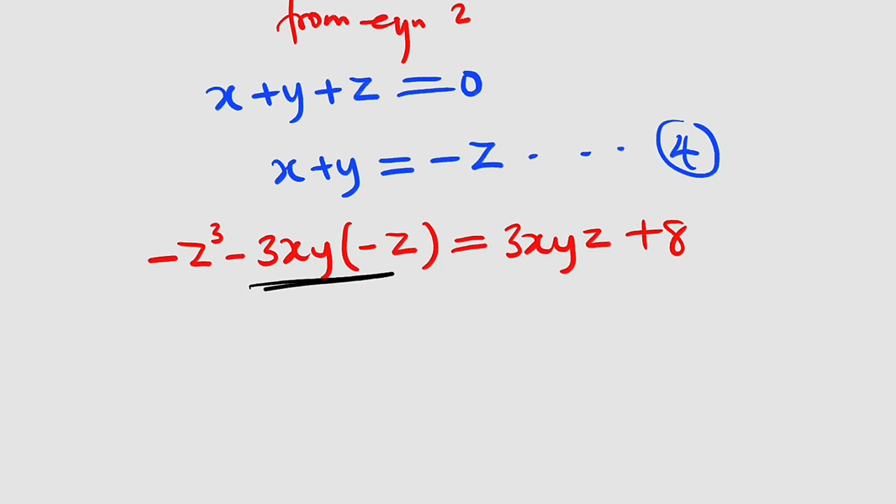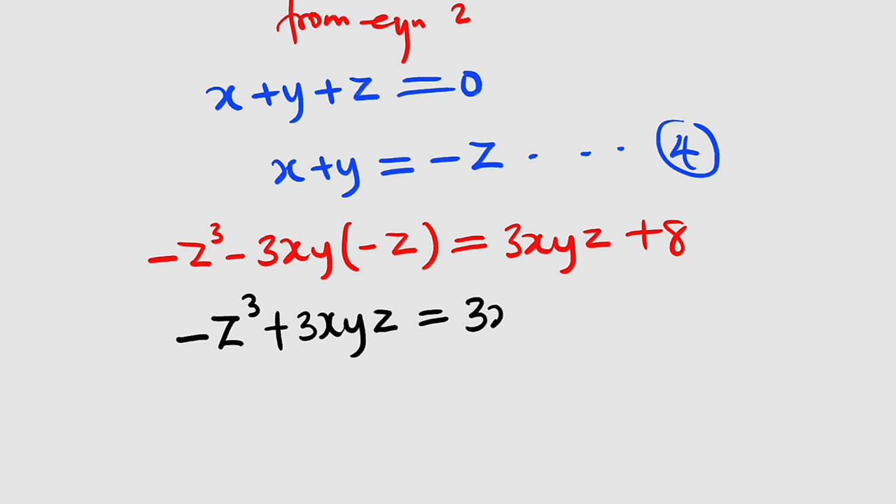From here, we multiply these two together. Minus minus is plus, so we have 3xy times z, which is 3xyz. So we have negative z to the power of 3 plus 3xyz, and on the right-hand side, 3xyz plus 8. You can see that these are exactly the same, so they will cancel.